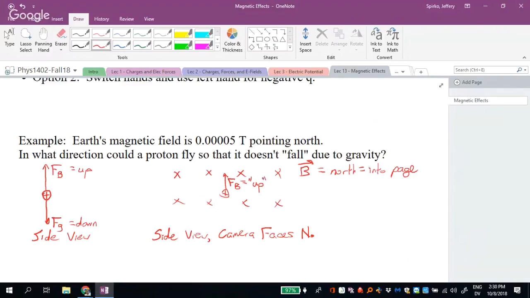So the force is our thumb. So we need thumbs up, and then we need the magnetic field to point into the page. I think it's like that. So the proton's velocity could be to the right.